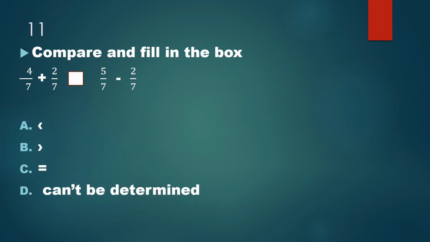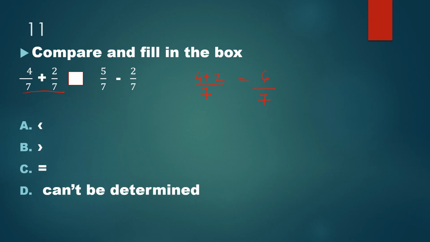Next, 11th question. Compare and fill in the blanks: 4 by 7 plus 2 by 7, and 5 by 7 minus 2 by 7. In the box, we have to check which number is greater or smaller and then fill it. For 4 by 7 plus 2 by 7, our denominator is the same, so we write denominator 7. 4 plus 2, we get 6 by 7.